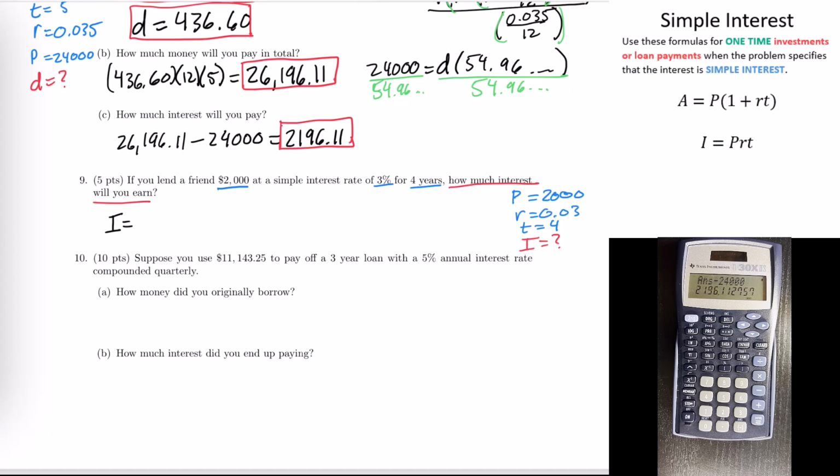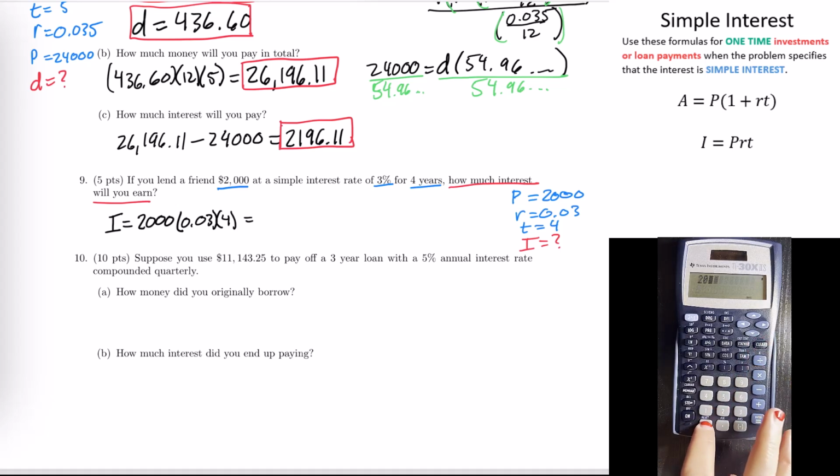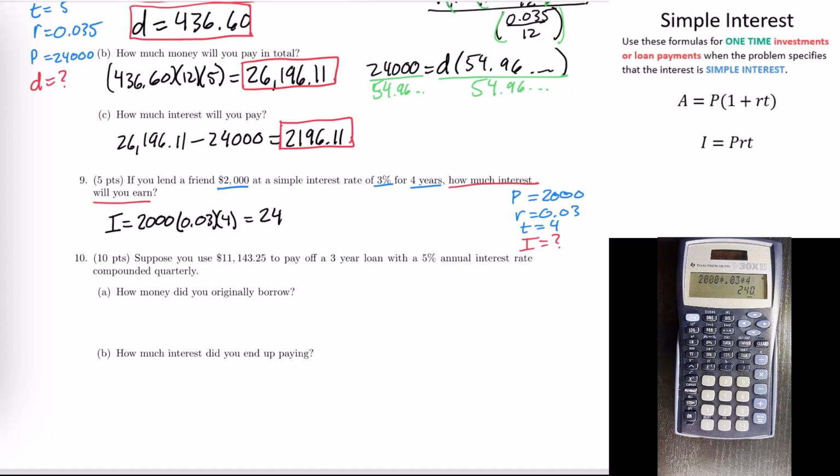So we get I equals P, which is 2,000, times R, which is 0.03, times T, which is 4. And when we multiply all of those together, 2,000 times 0.03 times 4 gives us 240. And so that would be the amount of interest that we would earn for question 9.